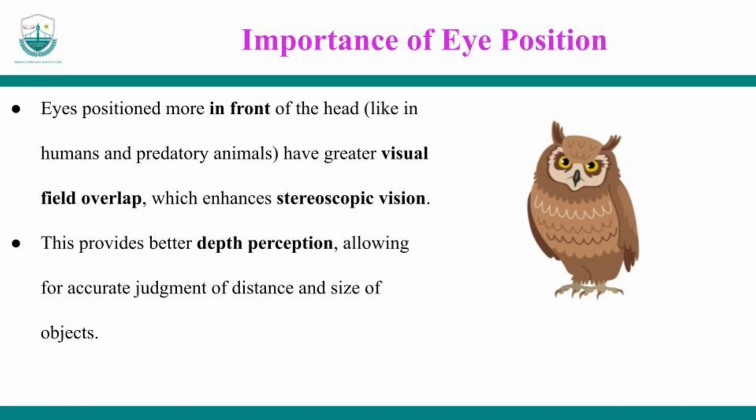But the way you have your eyes positioned and the way the brain works gives you very good information on whether that distance is safe for you to jump or not. So this is very important for the survival of organisms. For example, predators need to make judgments about where the prey is. It's very important, exactly like in case they are chasing prey, so they don't land into problems. So it is very vital in that regard.